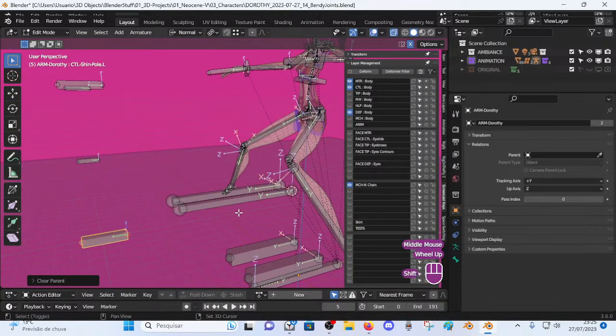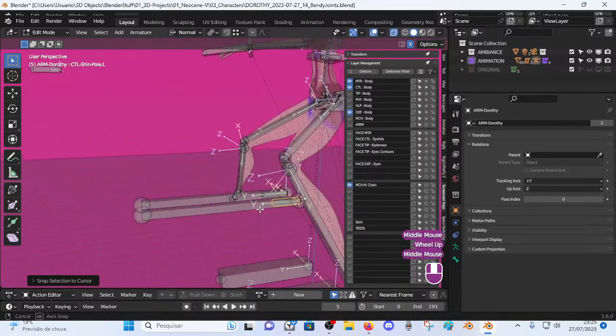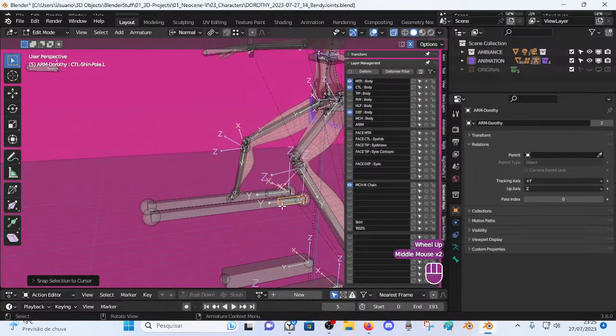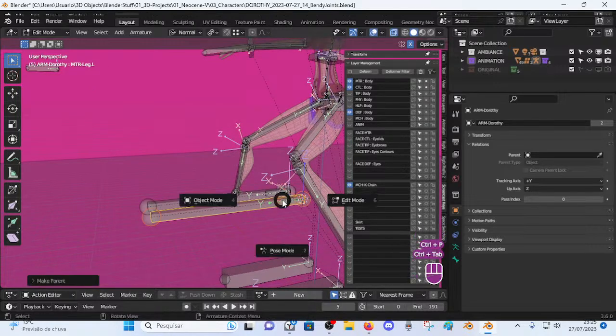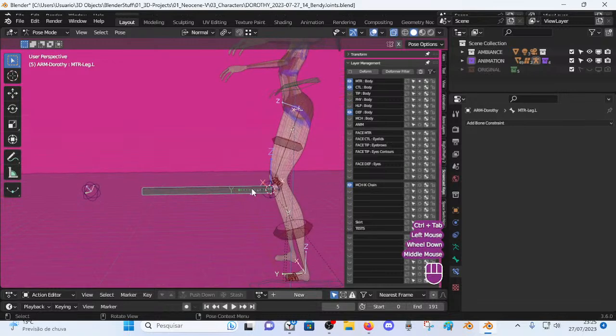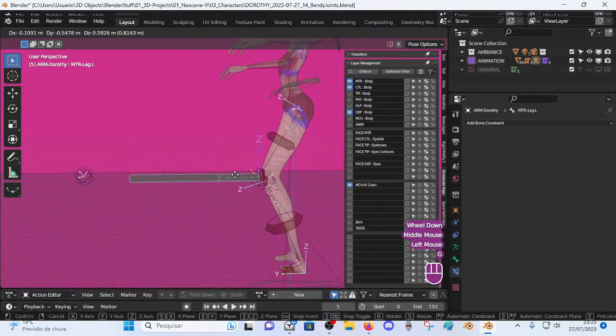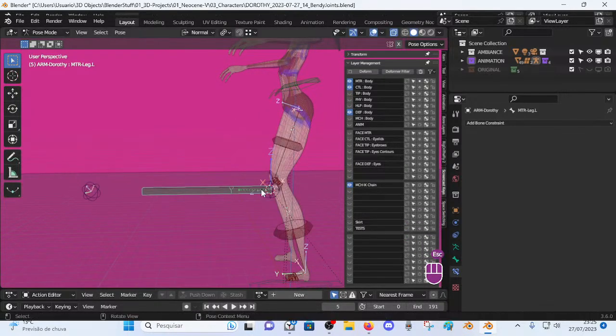My intention here is to put it there as a starting position, but immediately what I want to do, I'll parent this. Is this crazy? No, it's not totally crazy.